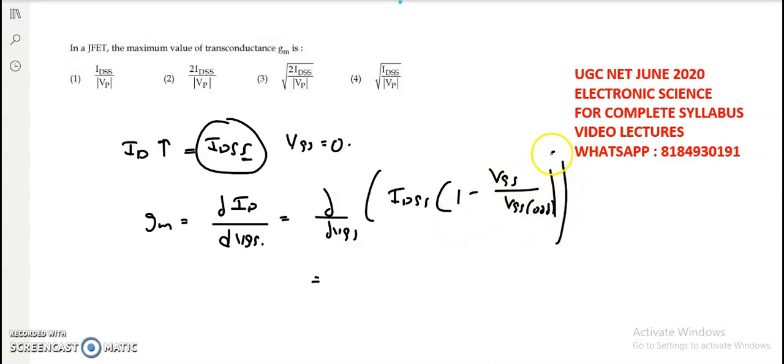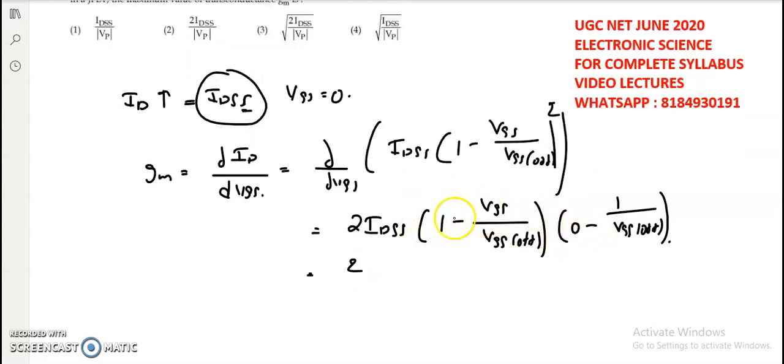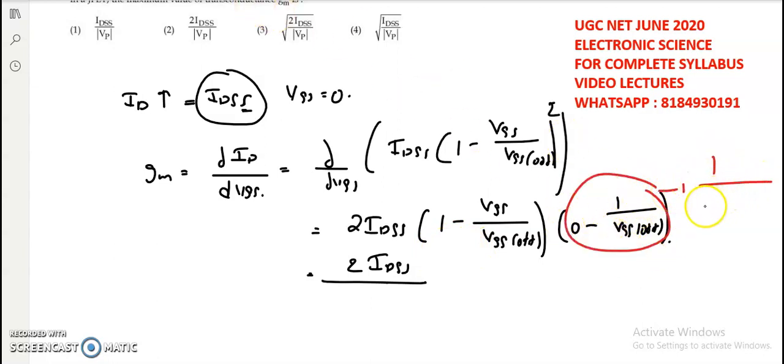So whole square. If I differentiate this one with respect to VGS, then after differentiation we will get the expression like this, and it can be written as 2 into IDSS divided by, here minus is there, but if you are taking this minus down, that means this thing can be written as 1 divided by minus VGS(off), and minus VGS(off) can be written as 1 divided by modulus of VP, nothing but the pinch-off voltage.